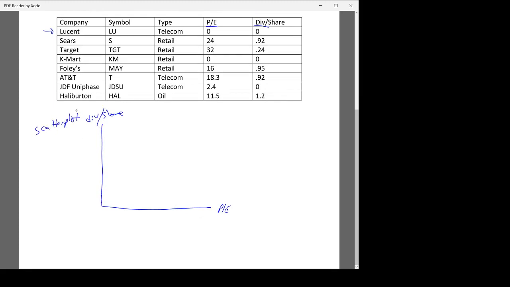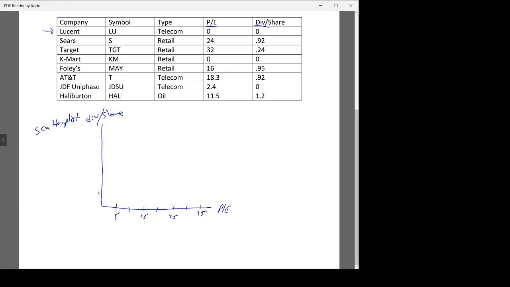And in Excel, all you would do is highlight both rows at the same time, and then right-click and insert a scatter plot. It'll do all the plotting of dots for you. But for us, we'll just go ahead and do one here. So price to earnings, let's think about that for a moment. That goes from 0 to 32. So we'll need to get to 5, 10, 15, 20, 25, 30 to 32. And the dividends per share is everything up to 1.2.